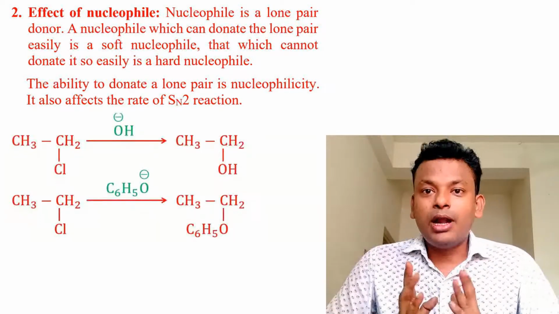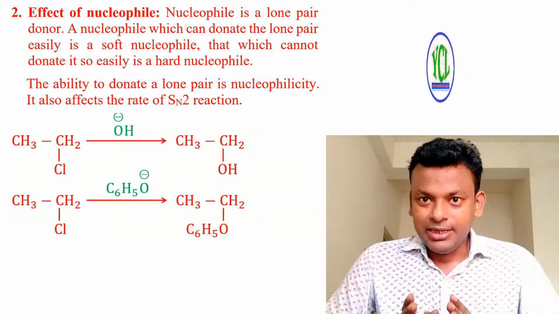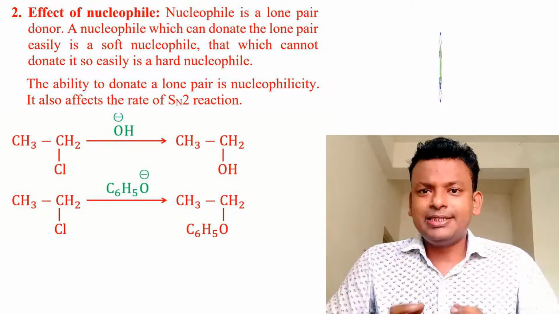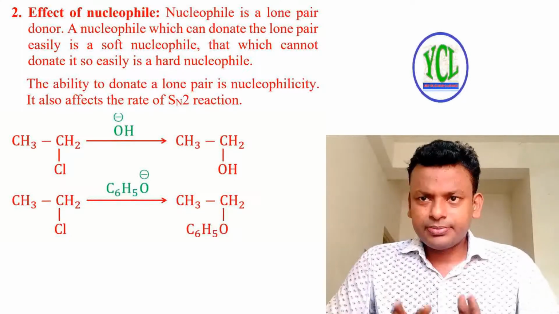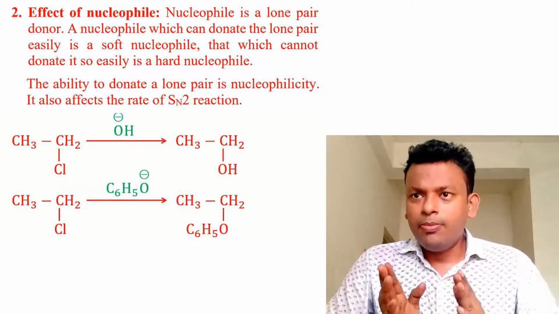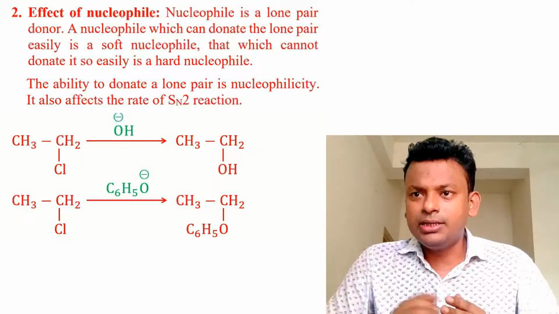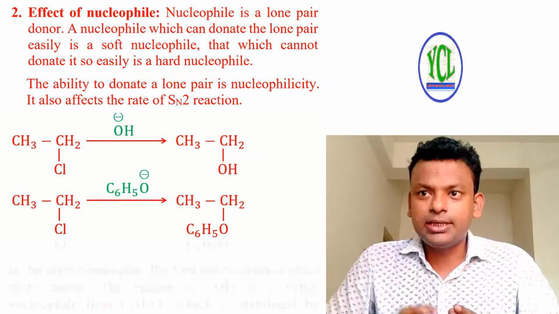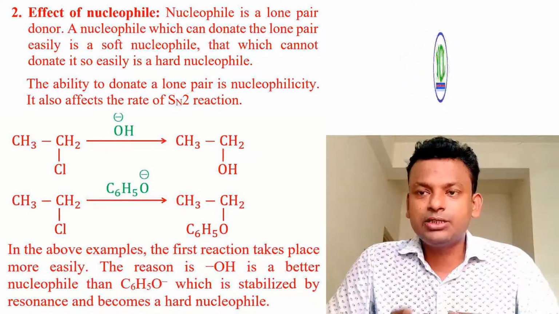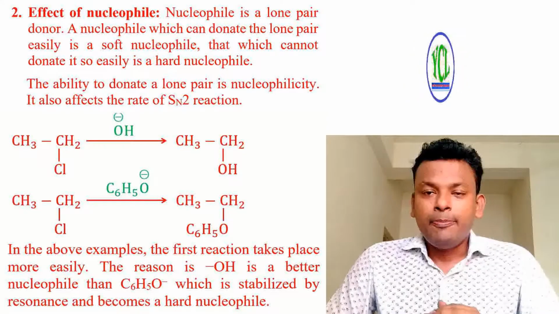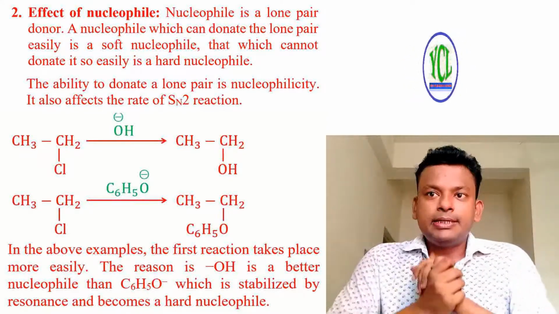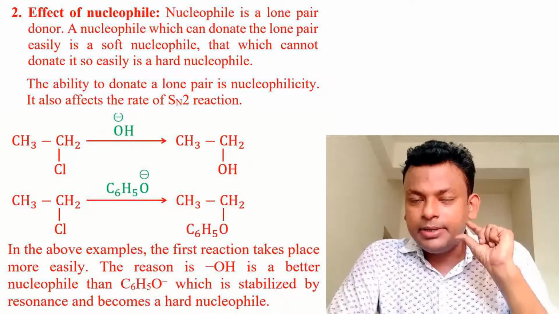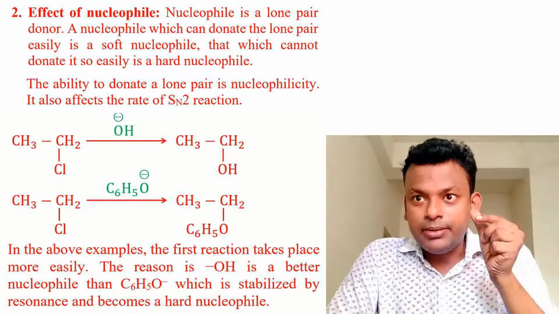Here are two nucleophiles: one is OH negative and the next is C6H5O negative, the phenoxide ion. The same compound CH3CH2Cl is attacked by each, forming CH3CH2OH and CH3CH2OC6H5. In this example, the first reaction takes place more easily because OH negative gives its lone pair more easily.